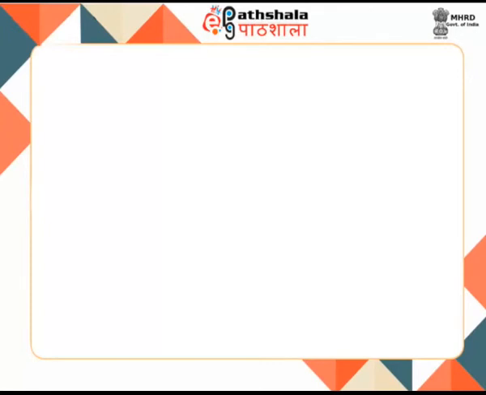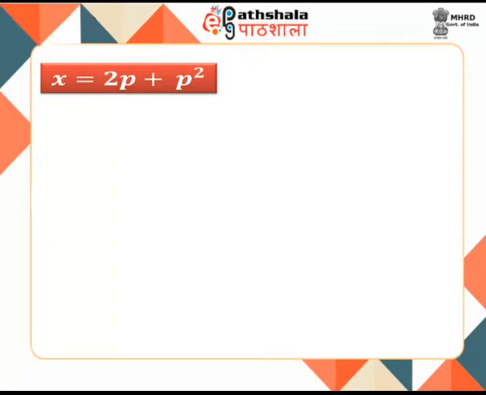Find the elasticity of supply for the function x is equal to 2p plus p square at p is equal to 5. Solution: the supply function is x is equal to 2p plus p square, then dx by dp is equal to 2 plus 2p.